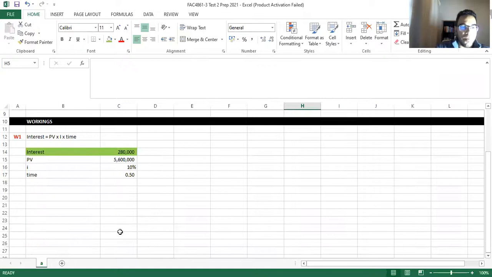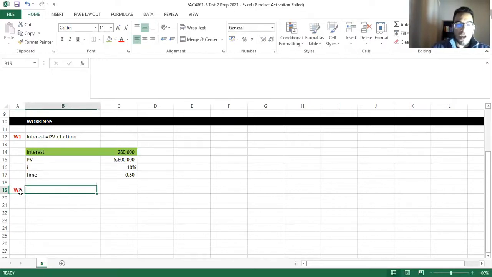So when you get rid of a financial asset at amortized cost, you must get rid of it at the amortized cost amount at that date. When you get rid of an asset that is measured at fair value, you get rid of it at its fair value at that date. Because we are getting rid of a financial asset at amortized cost, we need the amortized cost amount at 1 July 2017.